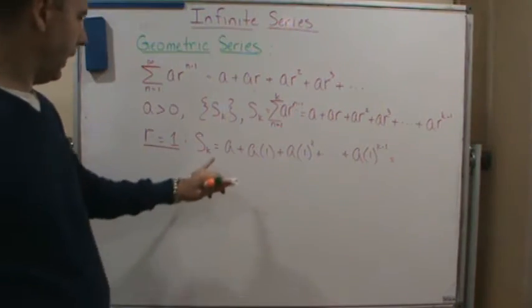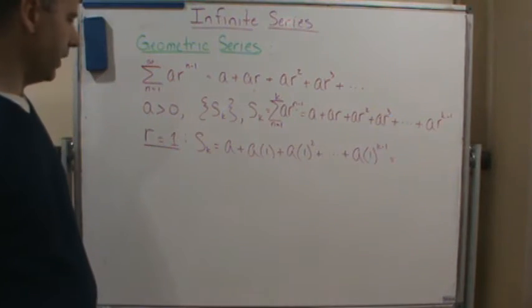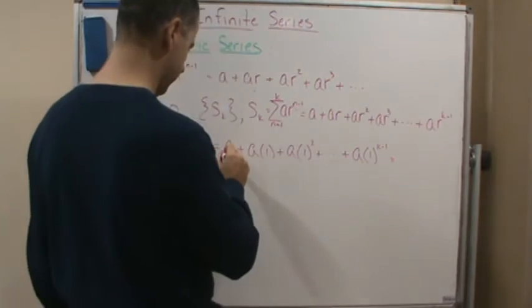And so, what do we have here? Well, we end up just having A added K times, right?